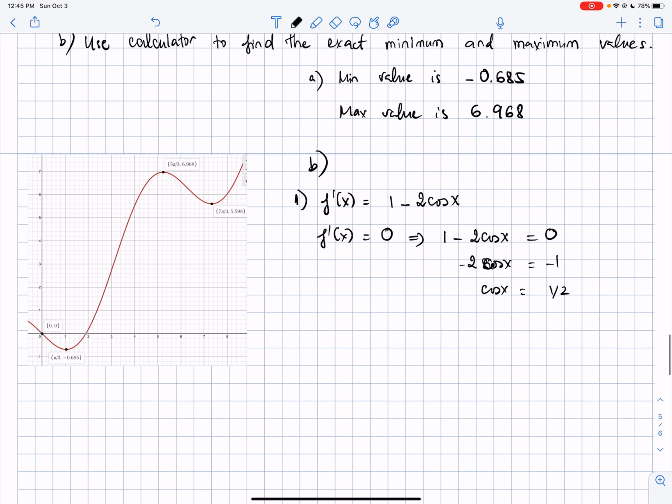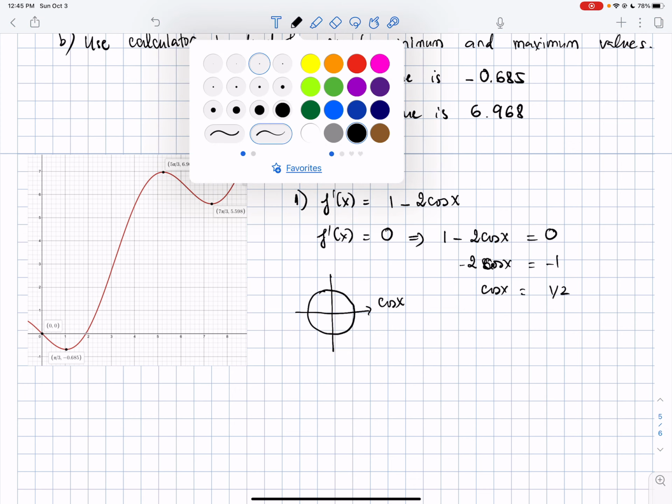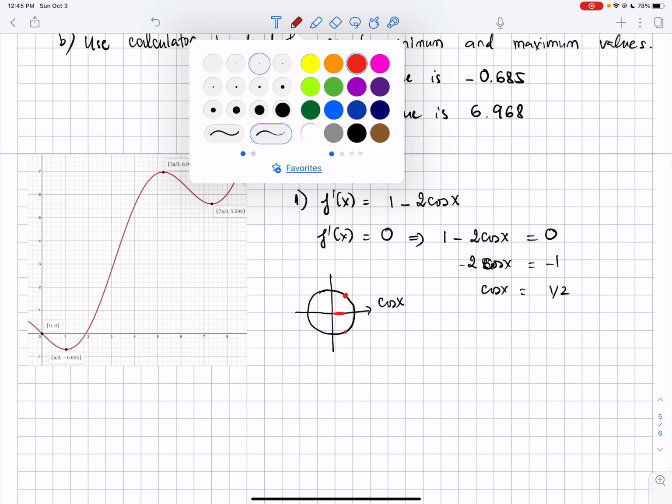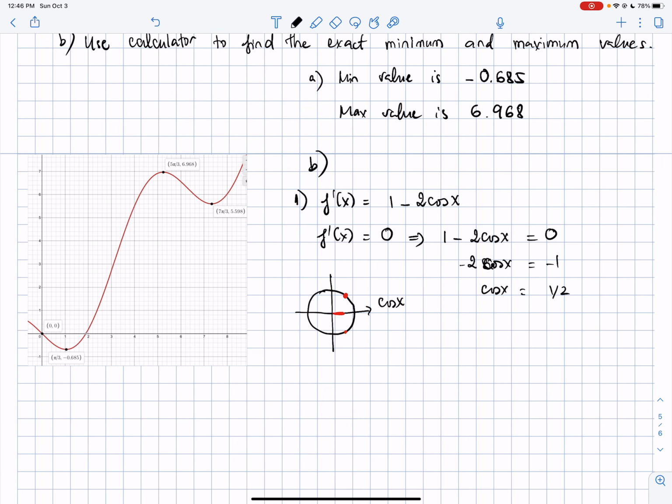Now we go back to trigonometry class and we draw the unit circle. The cosine is here, right? So cosine 1/2, we have this location and this location, because 1/2 is about this much on the cosine axis. And it gives us pi over 3, and the other location is 5 pi over 3.